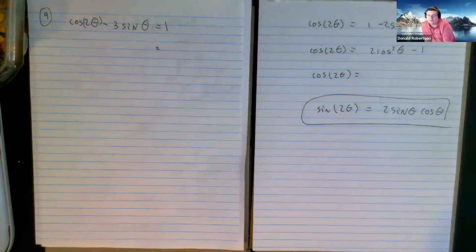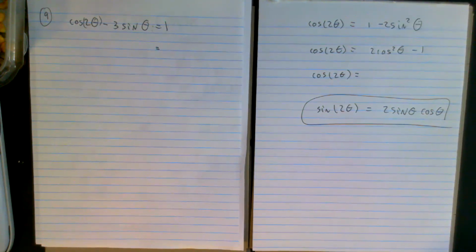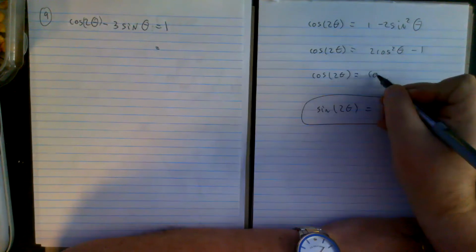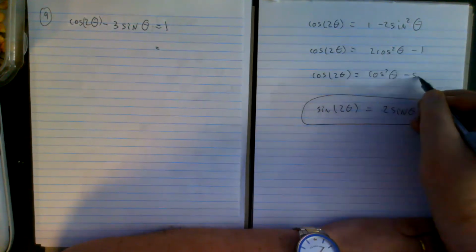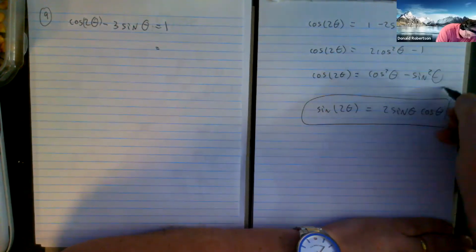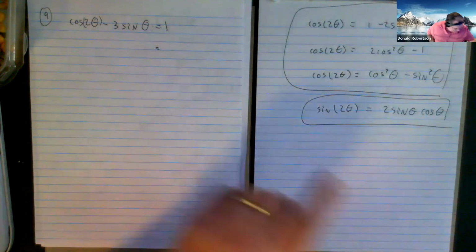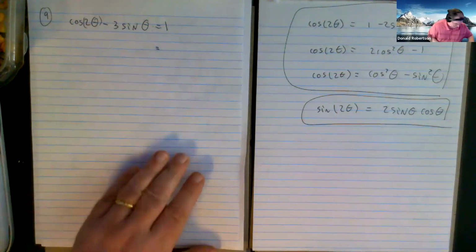And there's one other one, which is probably the least likely of the 3 ever to be used, but it's here, so let's do it. What is the third version? Cosine squared theta minus sine squared theta. Now, one of these, and only one of these, plays well with this particular question.